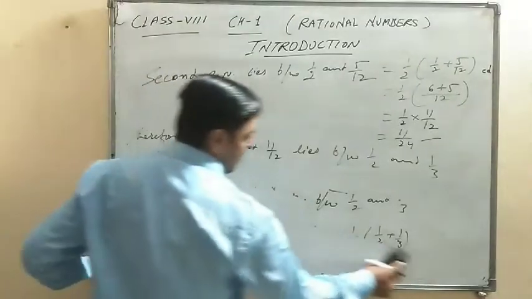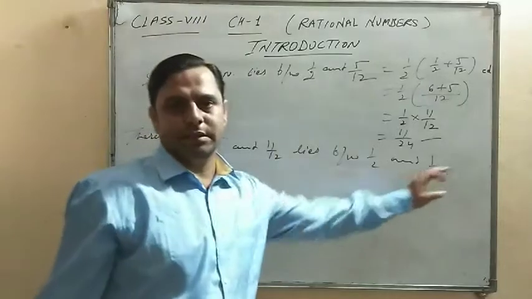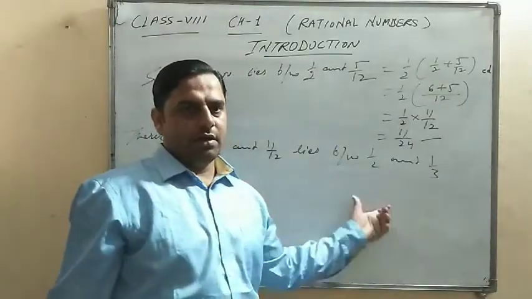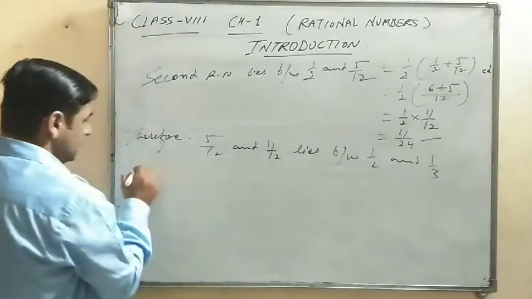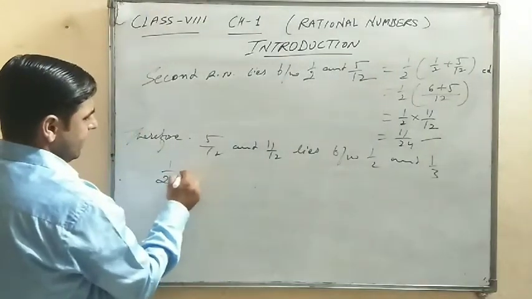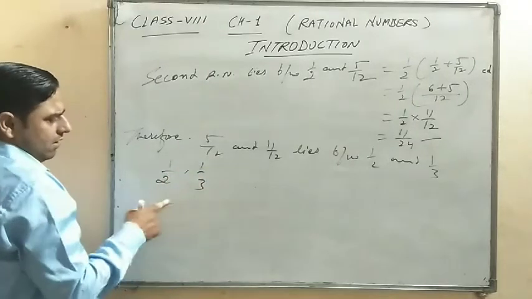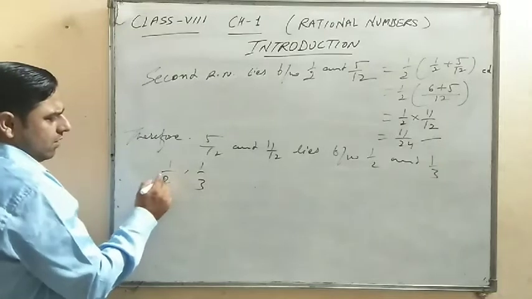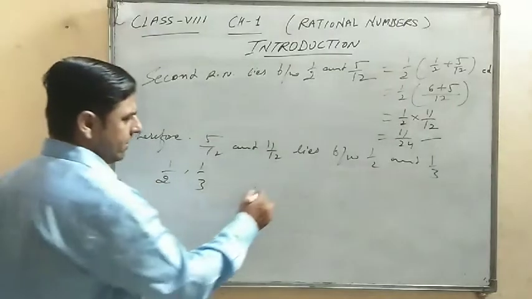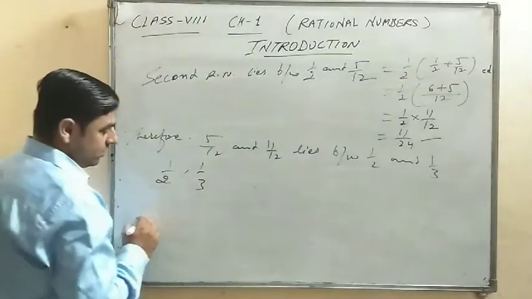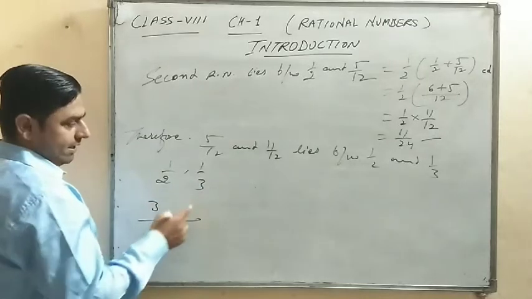Now I will tell you about the equivalent method, how to make the denominators the same, then how we can check whether numbers lie between or not. So let's see. Firstly, you have to take the LCM of the two numbers. How to take LCMs? You have to check denominators. So here both numbers are prime. So 2 times 3 is 6. So 6/2 is 3, and 6/3 is 2.